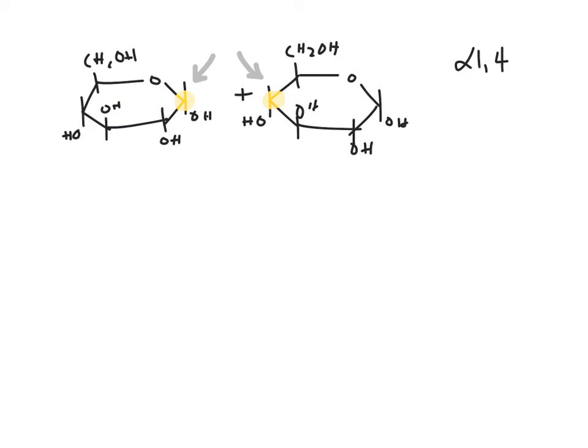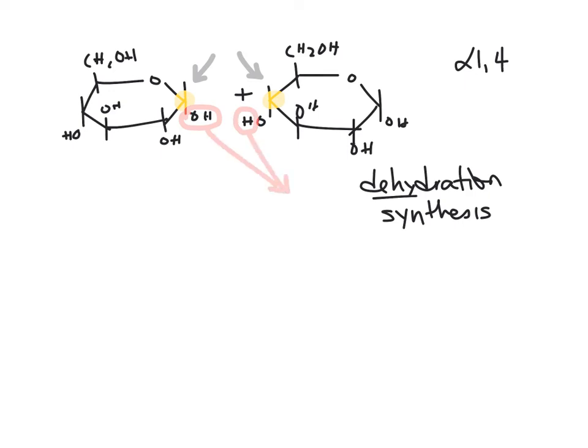And when you link it, it's through dehydration synthesis. So dehydration synthesis, if you remember that, is when we take water, we dehydrate, we make water, and we join together. And so what we're going to do is take this OH and this H, and make water out of it.